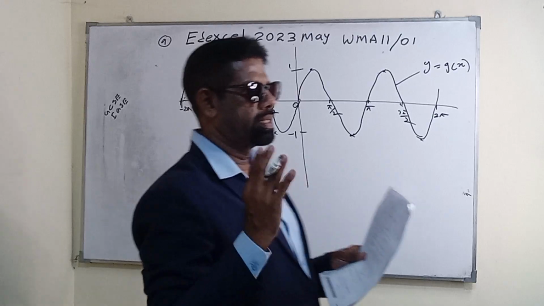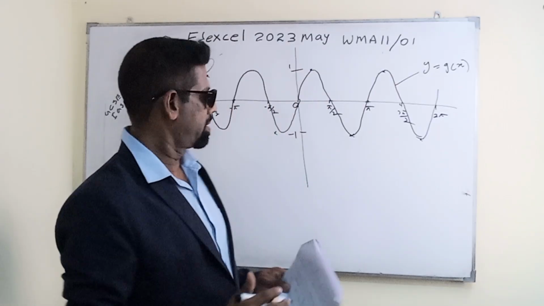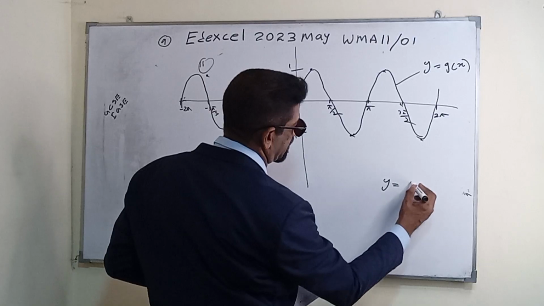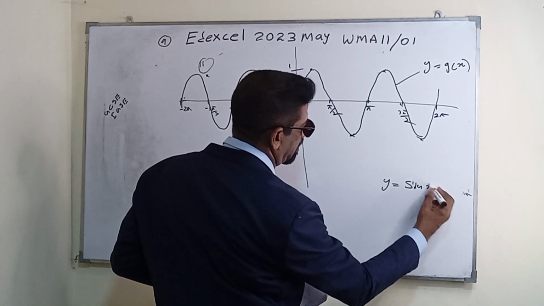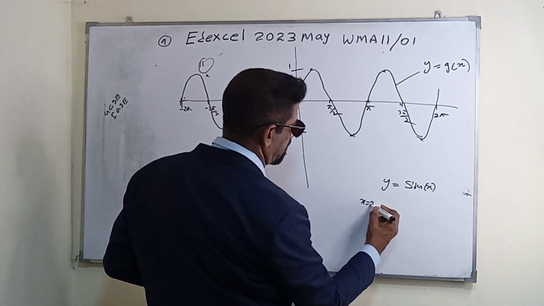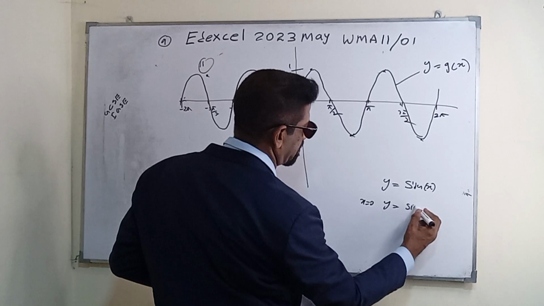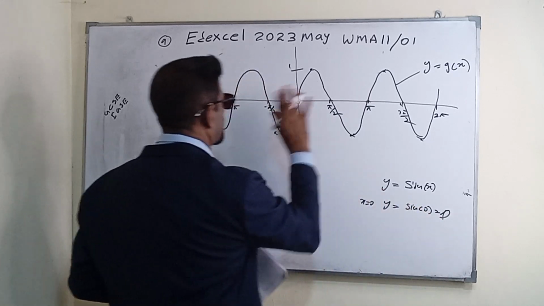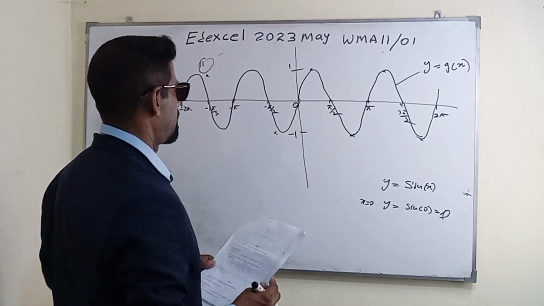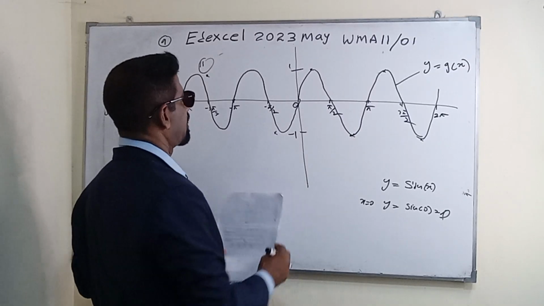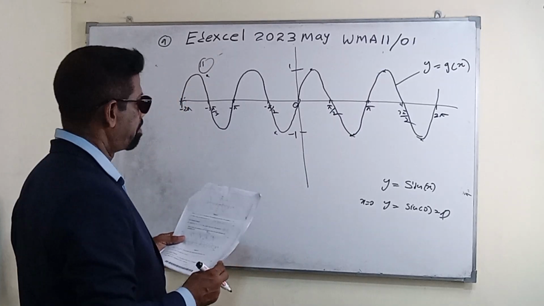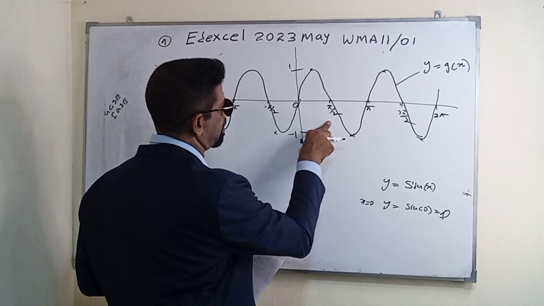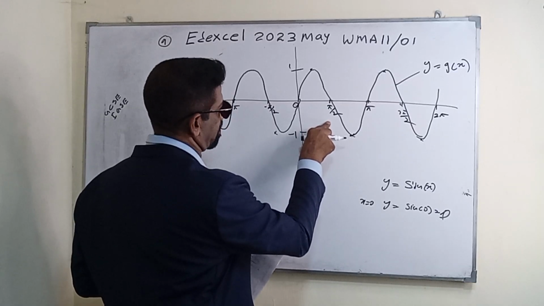We know this passes through 0, 0. We know that y equals sin x gives sin 0 equals 0 at x equals 0, and the graph shape is the sin x graph, because sin of pi over 2 is 1 and this is 0.